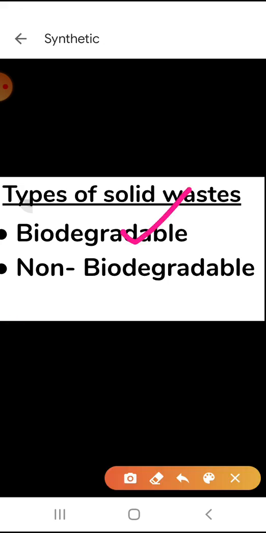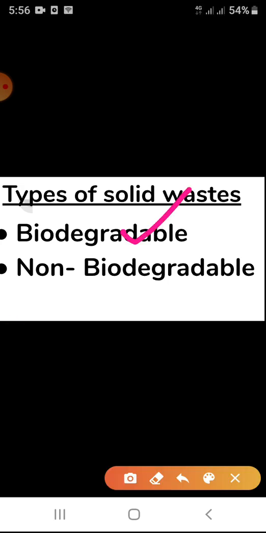I'm repeating again, children. A material which gets decomposed through natural processes, such as action by bacteria, is called biodegradable. And a material which is not easily decomposed by natural processes is termed non biodegradable.